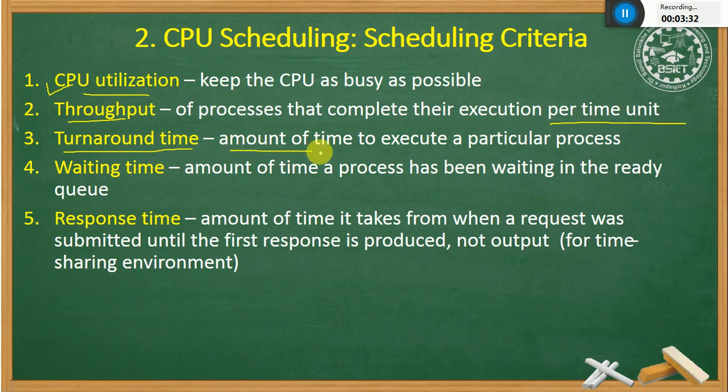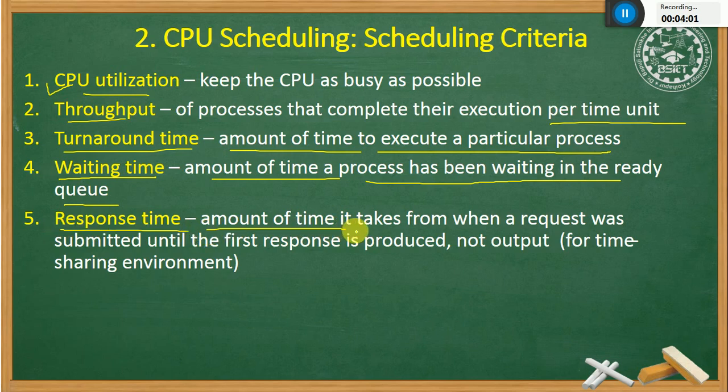Then turnaround time: the amount of time to execute a particular process, which is the addition of waiting time plus burst time of that process. Then waiting time: the amount of time that a process has spent in the ready queue is known as waiting time. Last, response time.